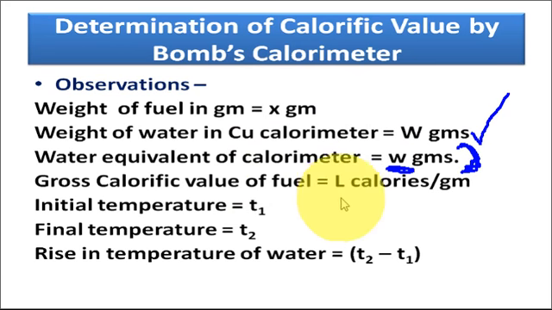Now suppose the gross calorific value of this sample is L. The initial temperature is T1 and the final temperature is T2, so the increase in temperature will be T2 minus T1 degree centigrade.